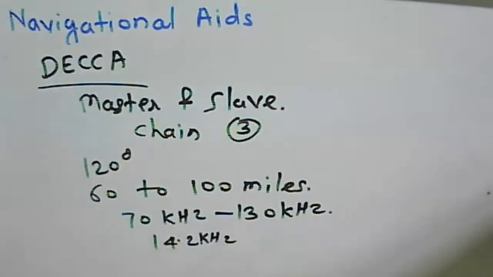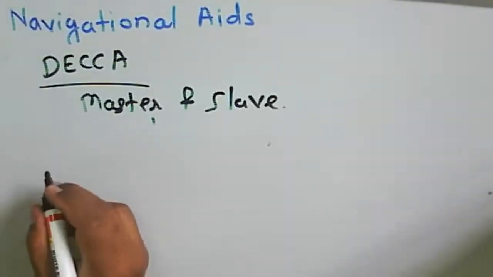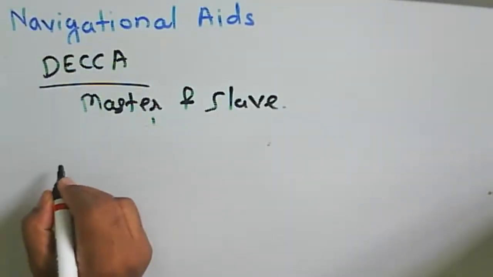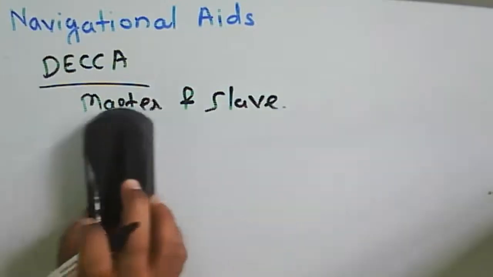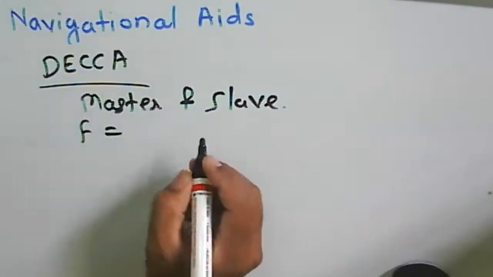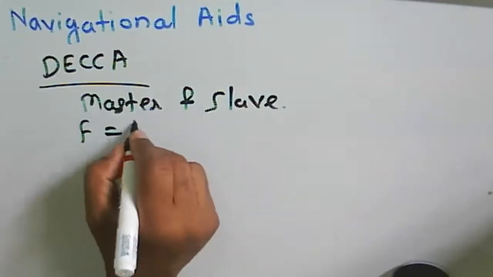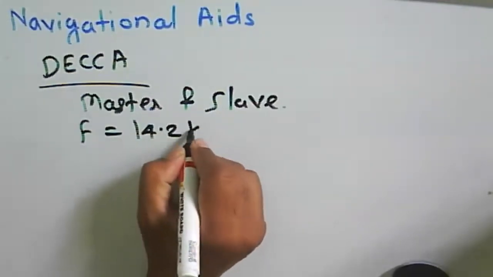If we consider the master-slave combination, the master station transmits its frequency signal. For example, consider F as the reference frequency, about 14.2 kilohertz.